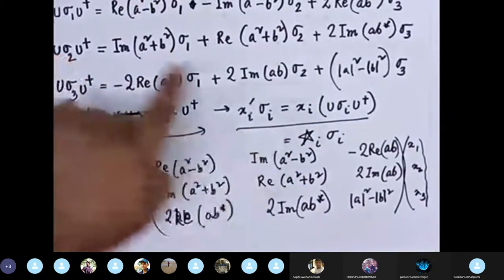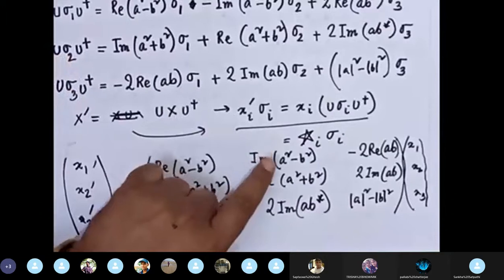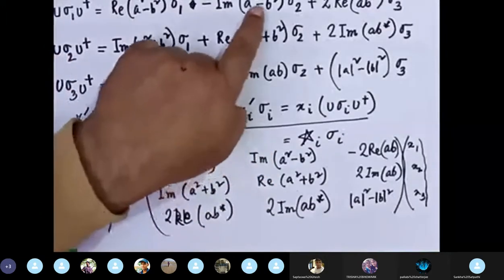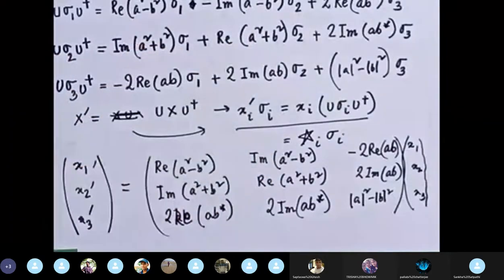So x2 into that, this. Is this clear? Is this okay? Or you can look at it and see what I have done.